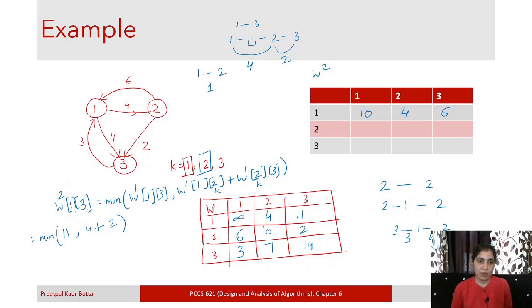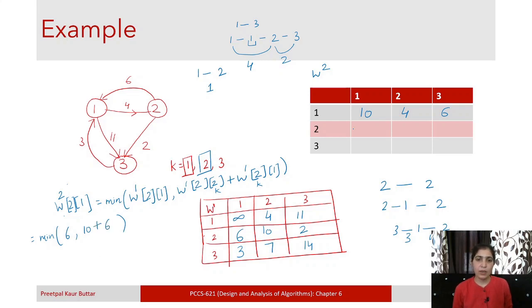Now let us move to the next cell. First, next row, 2 to 1. So here I is 2 and J is 1. 2 and 1. Okay. So 2 comma 1 is 6, 2 comma 2 is 10, 2 comma 1 is 6.